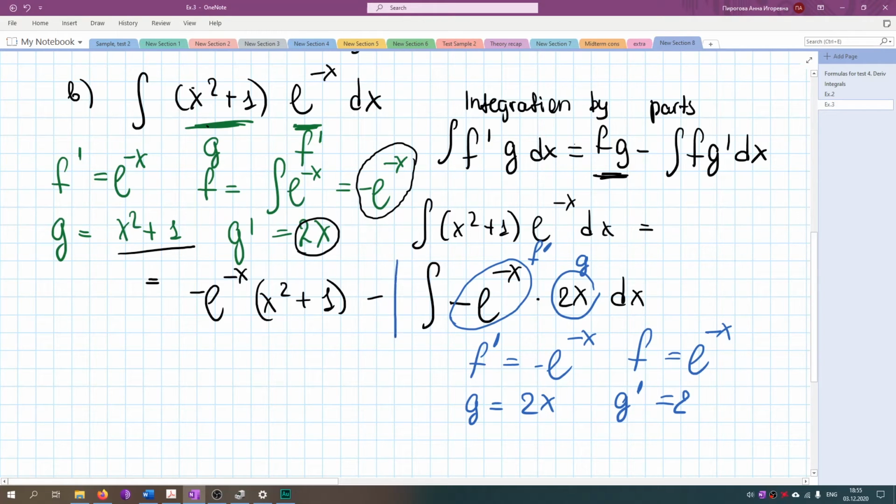So now we are working only with this part.